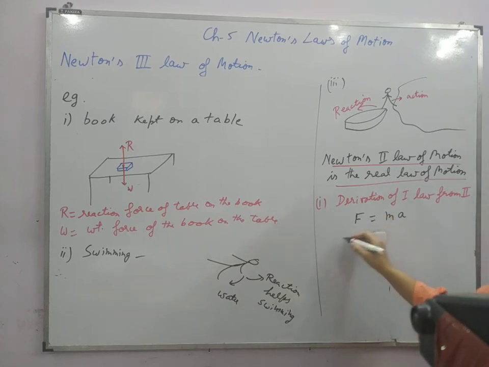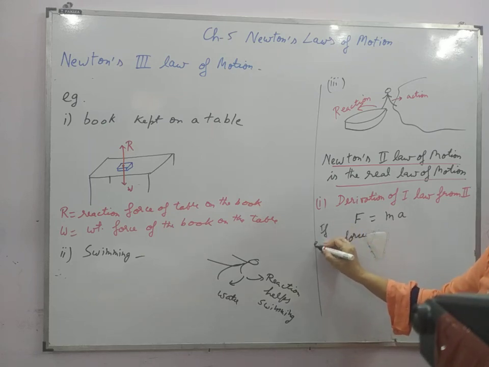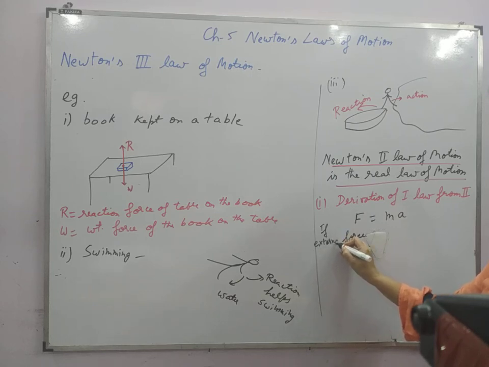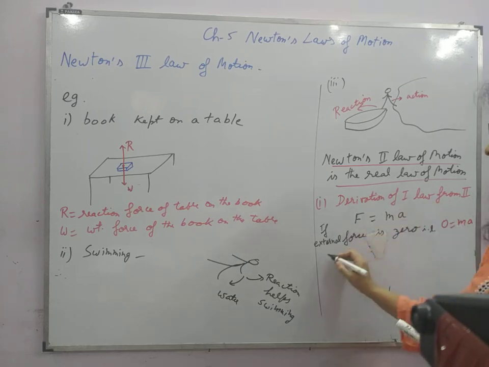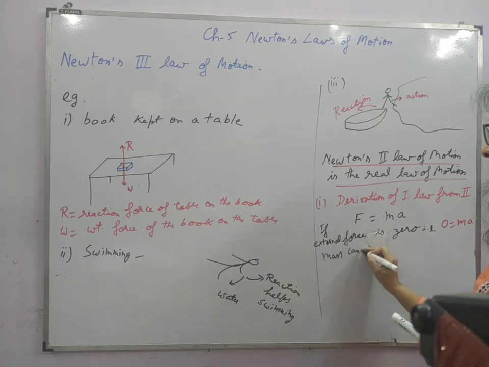So if the force, that is the external force, is 0, then the left side can be written as 0 and this is equal to mass into acceleration. So if the left side is 0, mass cannot be 0. So mass can't be 0.